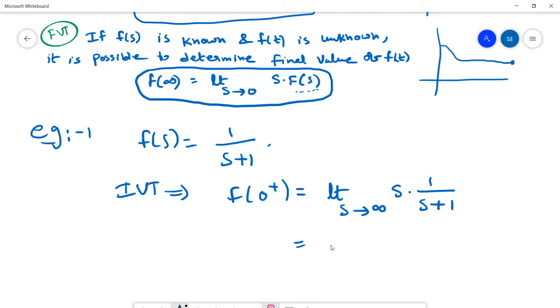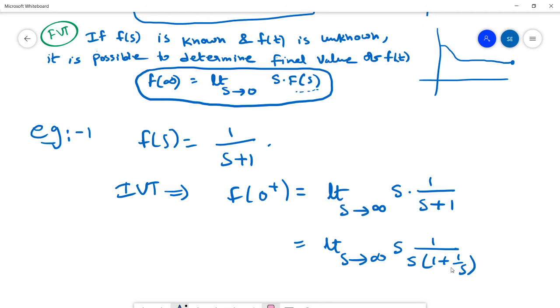In this function, as s tends to infinity, we can take s common outside so that we can cancel out this s. Check how it works. S into 1 by s outside, so what we get here is 1 by s outside, 1 plus 1 by s, right?